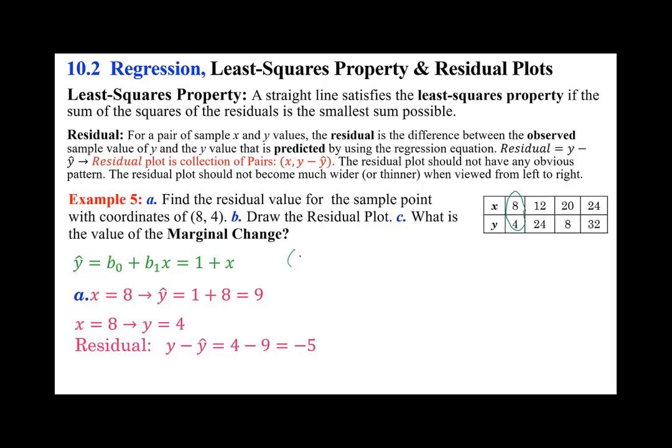So corresponding to 8, 4, we have this pair 8, negative 5. With that being the case, if we can do one, we can do all.